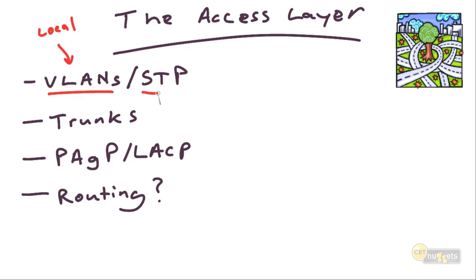Something else, and I want to talk about this in much more detail next, is spanning tree protocol. Specifically, we want to make sure we're doing as many best practices as possible with spanning tree protocol, utilizing something called the spanning tree protocol toolkit. And I'll talk about that toolkit with you in more detail next in this nugget.